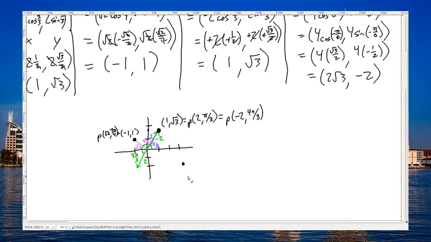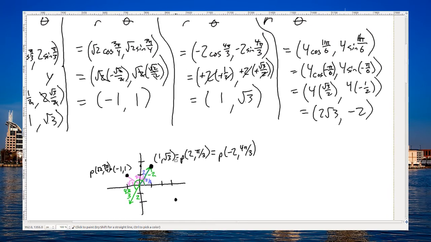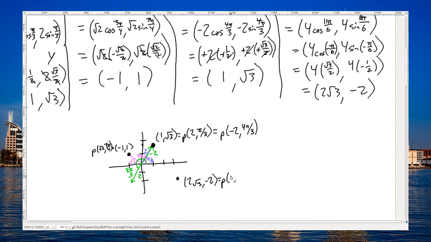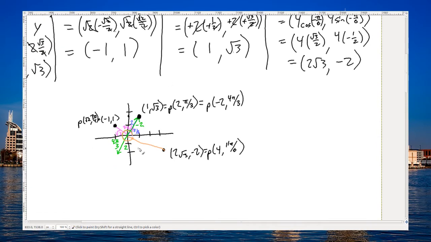So here's my point right here, and 2 root 3, negative 2 is the same as the polar coordinate of 4, comma 11 pi over 6. And we can see that those are indeed the same coordinate. If we rotate 11 pi over 6, which is just 30 degrees shy of 2 pi, and then we go out from that point a distance of 4, we indeed get this point right here.